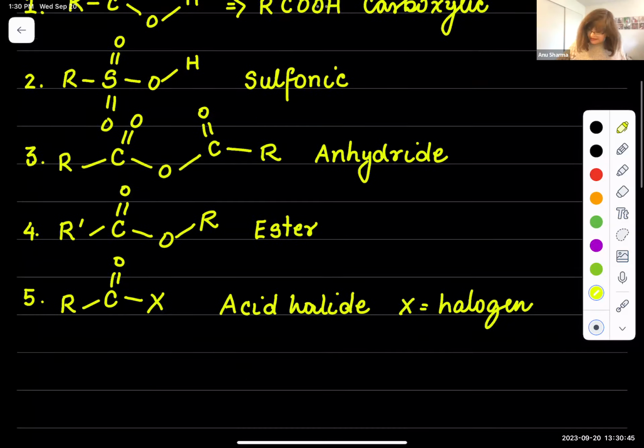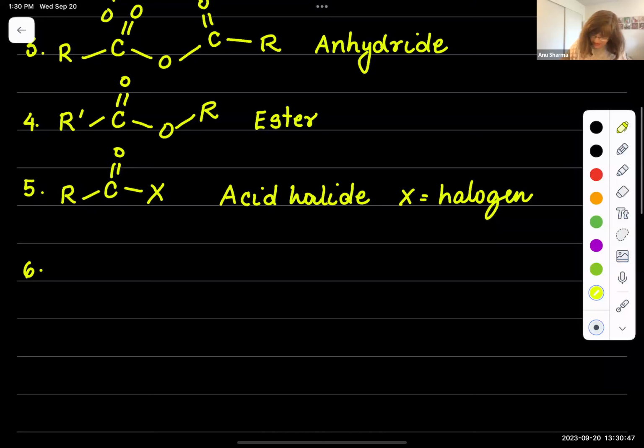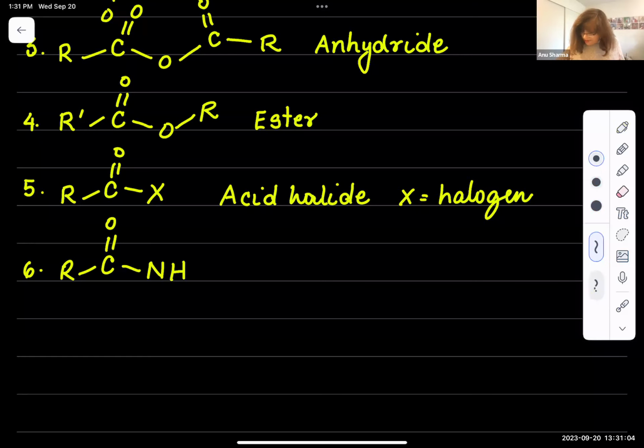All right, next, number 6, is amide. Amide is R, CO, NH2, and then R. It depends. There are primary, secondary, and tertiary, and we'll study those.